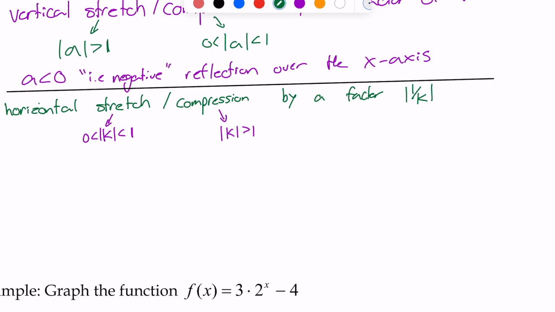So, we'll see it in later examples, but let's say you saw some base to the power of 2x, right? That 2 would cause this to be a compression by a factor of 1 over 2, okay?